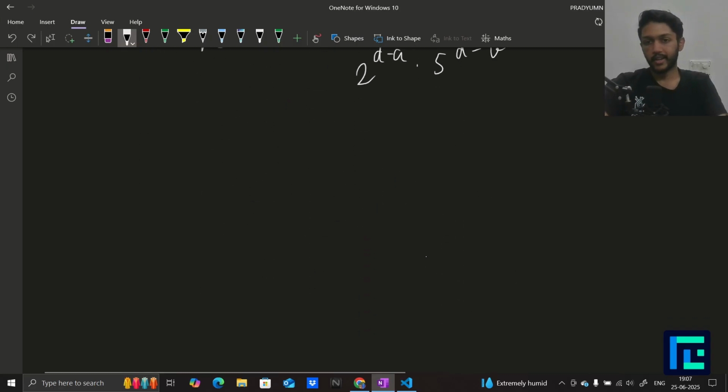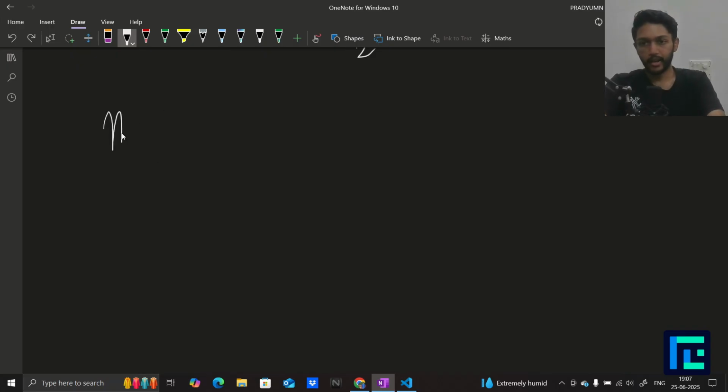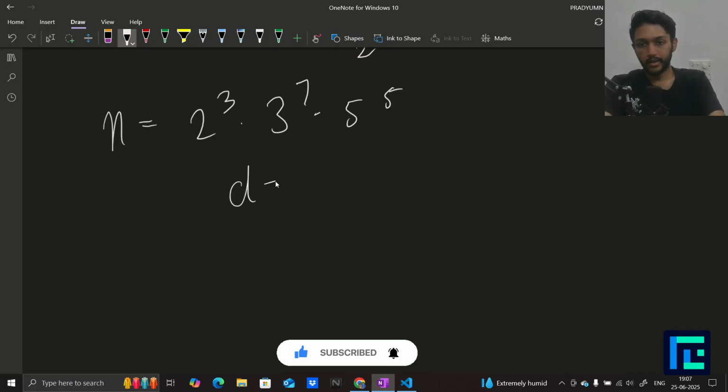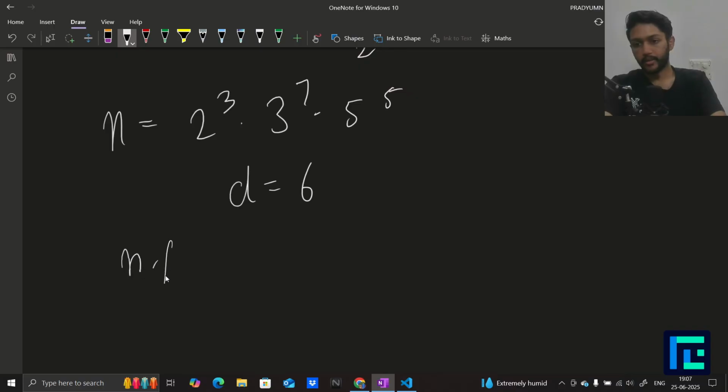So if I give an example, like let's say our n is given to be 2 to the power 3 into 3 to the power 7 into 5 to the power 5, and we need 6 zeros at the end of n into k. Okay, this 3 to the power 7 is just irrelevant because the number of 3's does not affect the number of trailing zeros. So we can ignore that part.